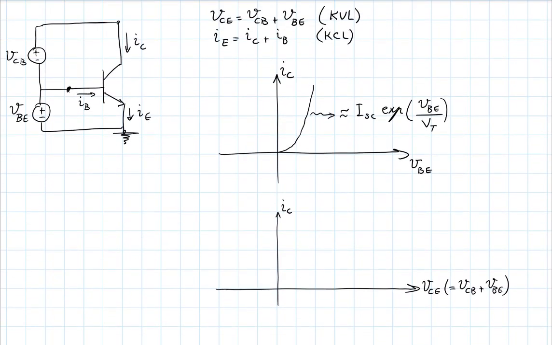What would you expect the behavior of IC should be as a function of VCE? As I keep changing VCE by keeping VBE constant and increasing VCB, how should IC change? Think about that for a minute.